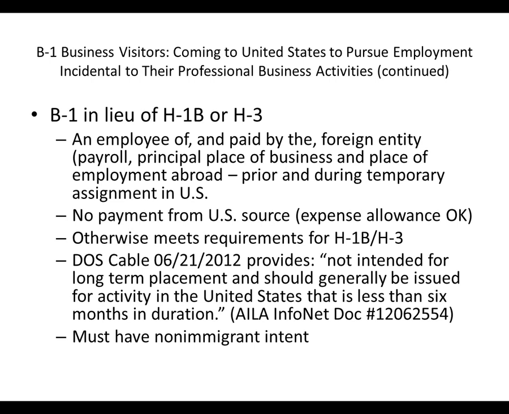Not to say that any one way to do it is better or more likely to produce a faster result. With a B-1 in lieu of H-3, you have to do a visa application, and I'll get into the specifics of why later, with the Department of State, which is any visa application is always subject to potential administrative processing delays.